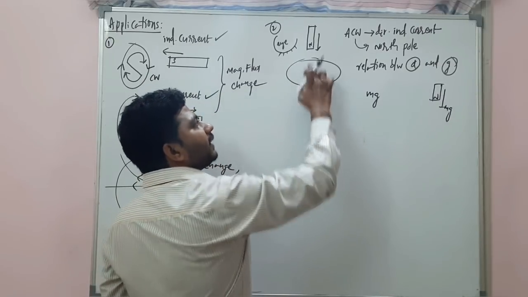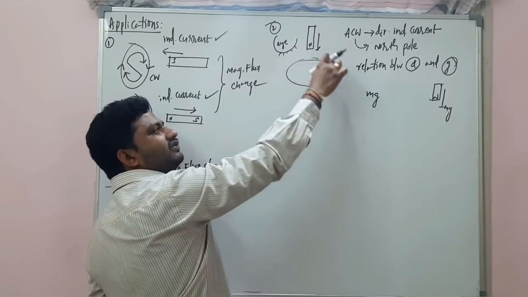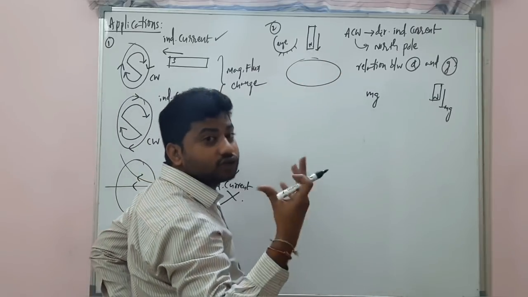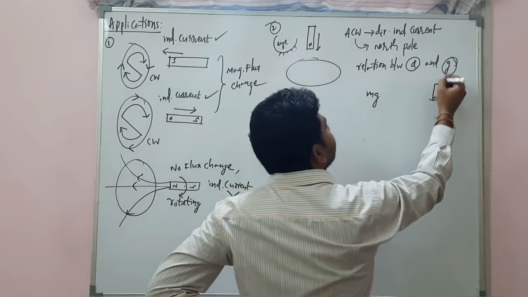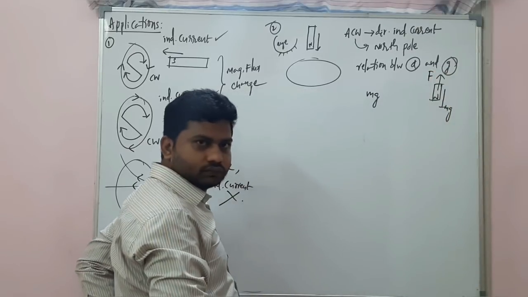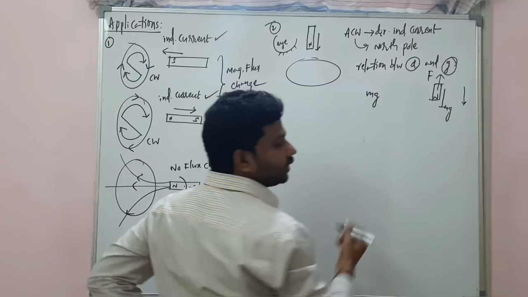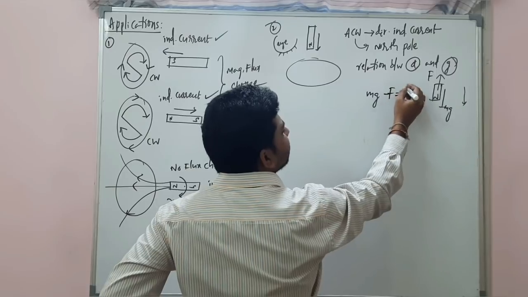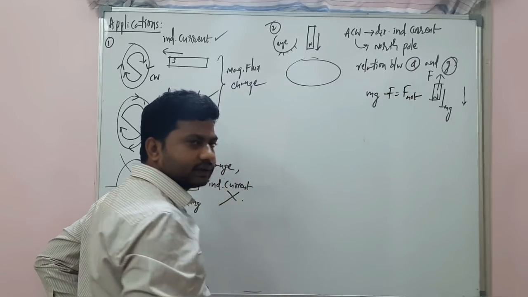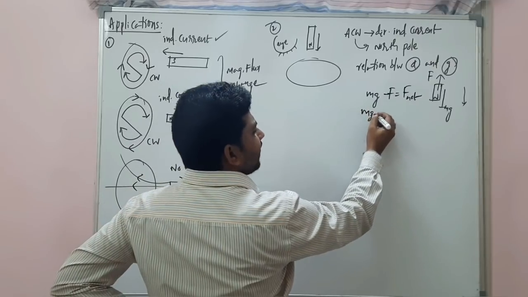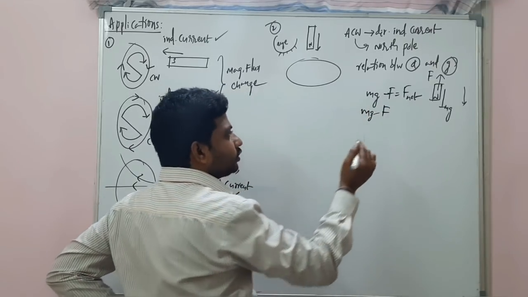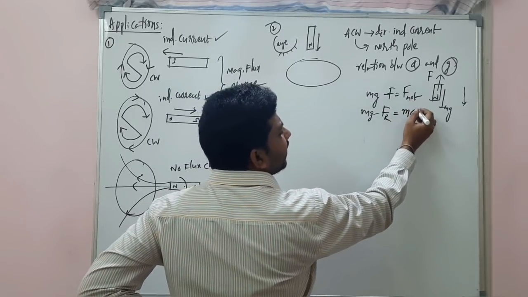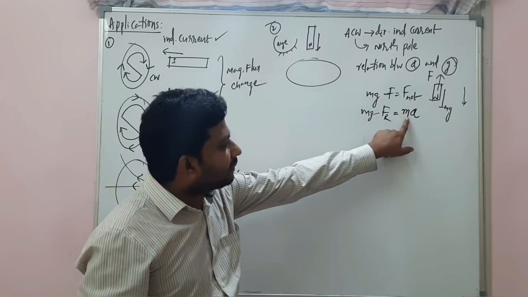On the magnet, there is the repulsion force from this induced magnet; this face of the coil becomes north, and north repels north, and this is the repulsion force F. The motion of the magnet is towards mg only, so the net force will be mg minus F, which is equal to the net force on the magnet, F net, which is ma, mass of the magnet into acceleration.